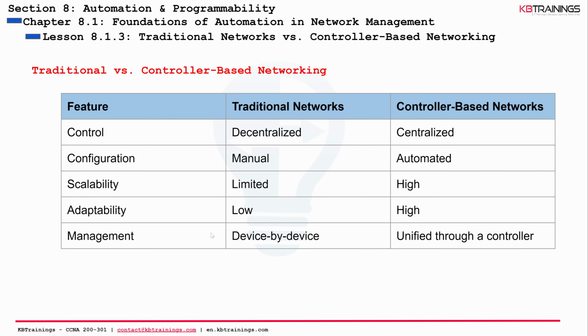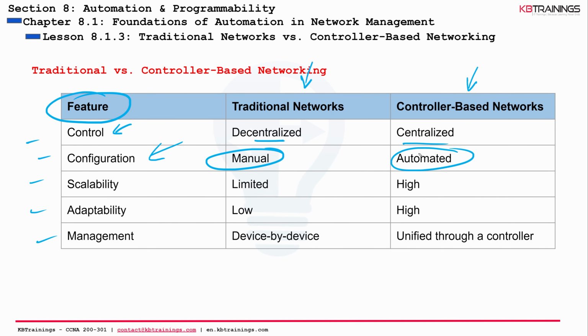And then I'm going to end by showing you this quick chart here, just highlighting all the different features that we covered and how traditional networks do it compared to controller-based. In terms of control, it's decentralized here, centralized there. Configuration, you do it manually on a traditional network, and it's all automated in a controller-based network.